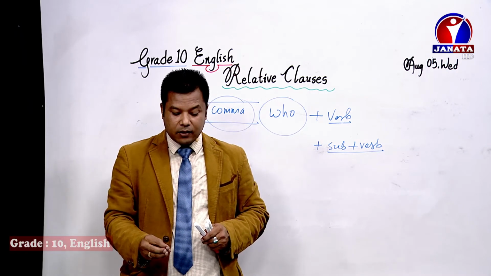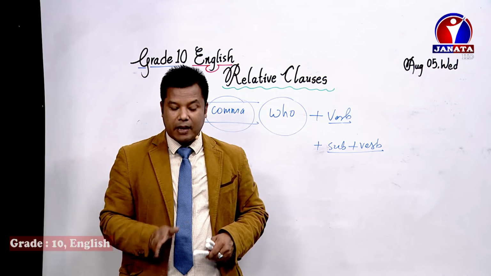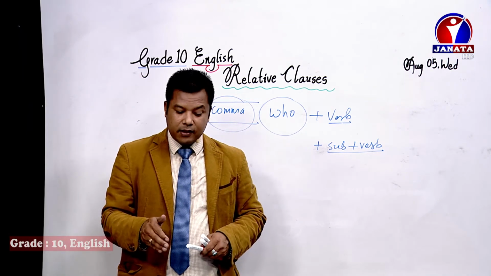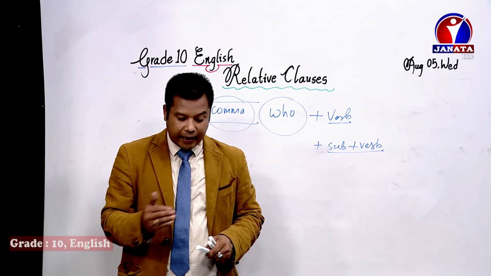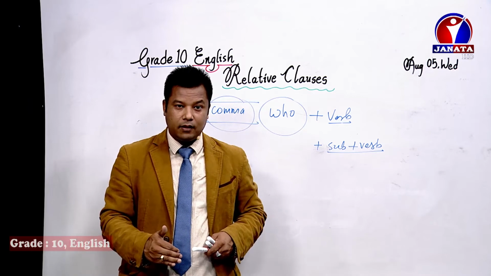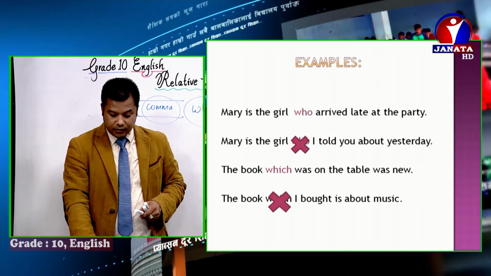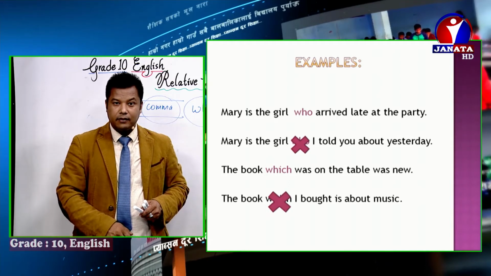And that would read something like, Mary is the girl I told you about yesterday. But the first one, Mary is the girl who arrived late at the party, I cannot remove that who because that is the subject of the relative clause itself. All right? Now see the cross marking and you will understand.